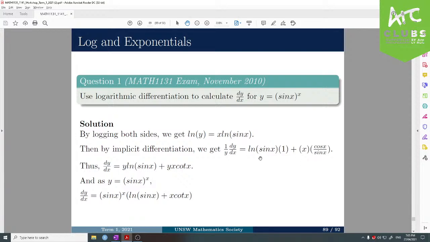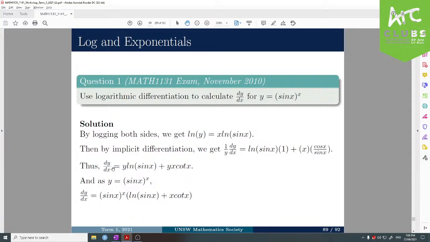Okay, and on the right-hand side, we just use product rule, right? So we have ln sin x times the derivative of x plus x times the derivative of ln sin x. And again, for ln sin x here, we have to apply chain rule, right? So the inside function becomes cos x, the outside function becomes 1/sin x. So we get cos x over sin x in the end. Okay?